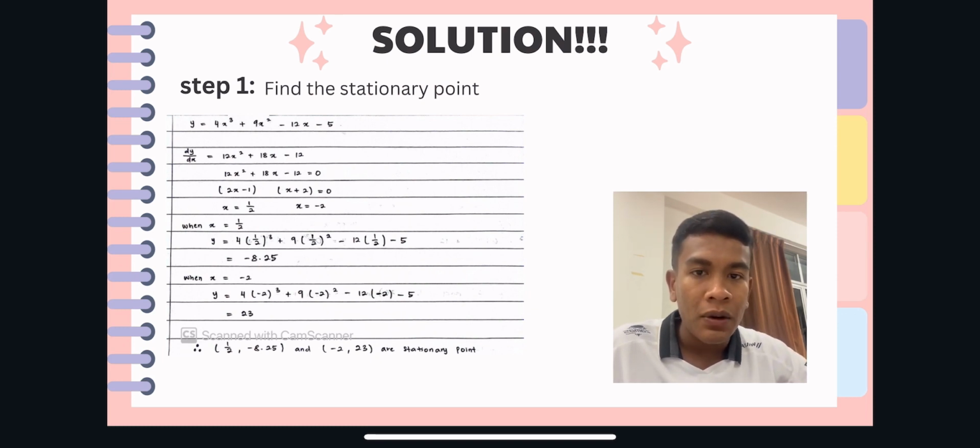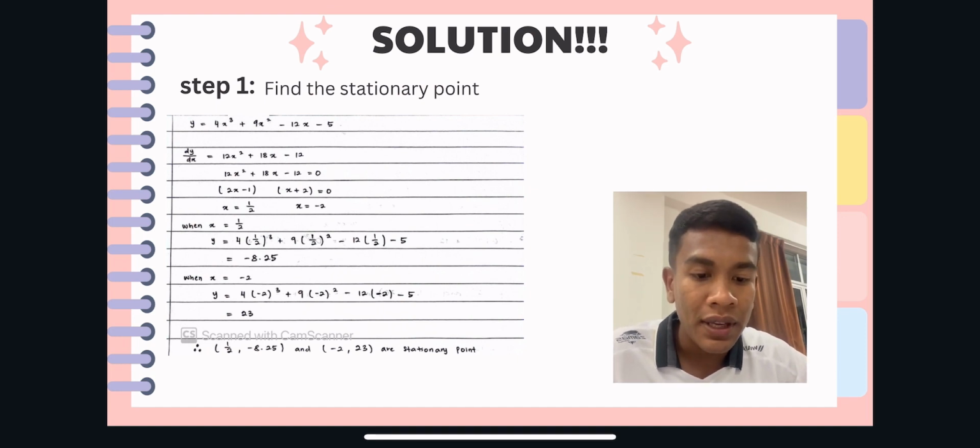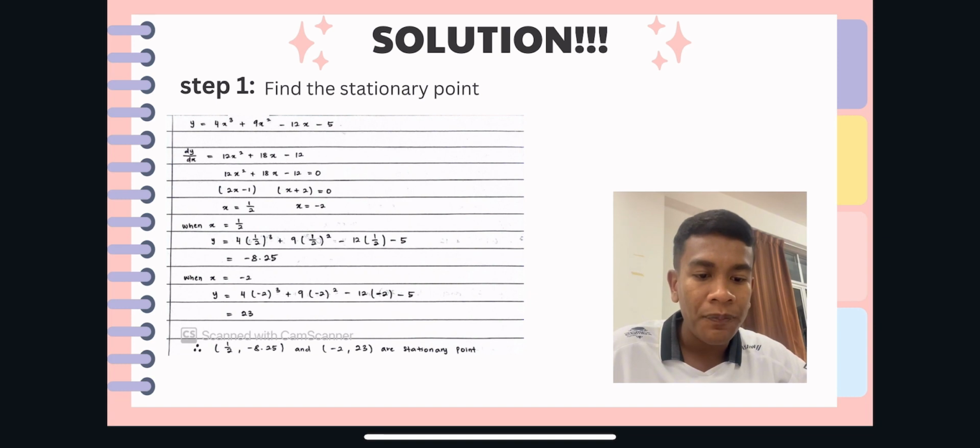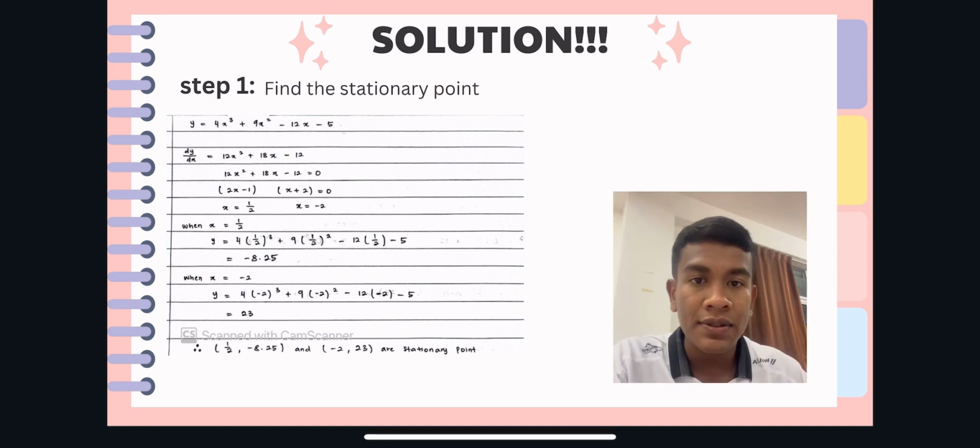After that, we substitute x equals negative 2 and we get y equals 4 times (negative 2) cubed plus 9 times (negative 2) squared minus 12 times negative 2 minus 5, and we get the answer 23. So the stationary points are (1/2, negative 8.25) and (negative 2, 23).